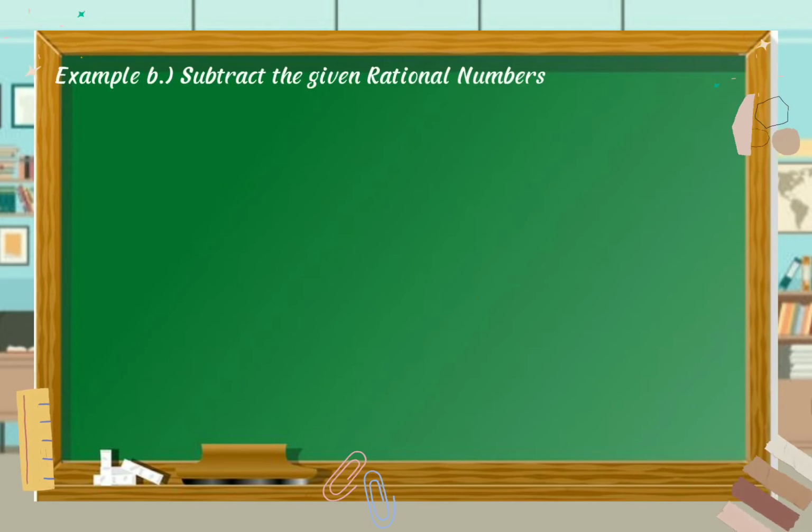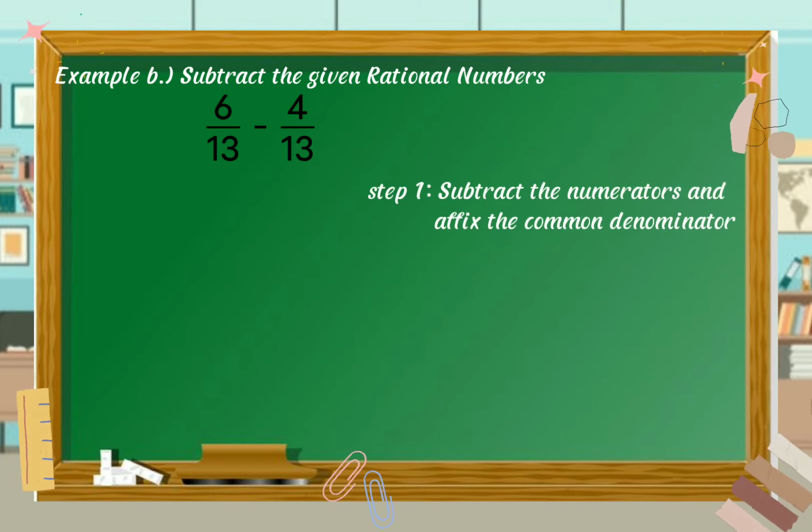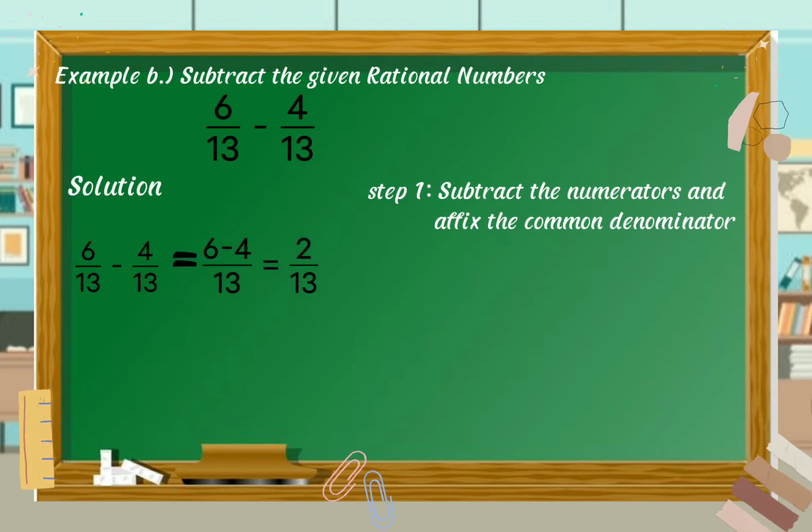Example B. Subtract the given rational numbers 6 over 13 and 4 over 13. To subtract these numbers, again, let's perform the first step. Subtract the numerators and affix the common denominator. So here, we need to subtract the numerators 6 and 4 so that we can have 2 as its difference.